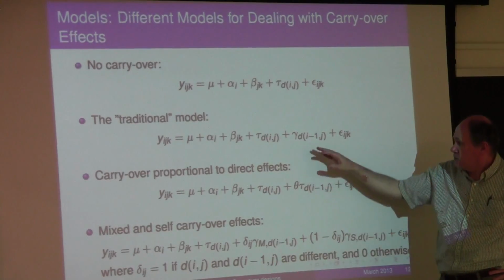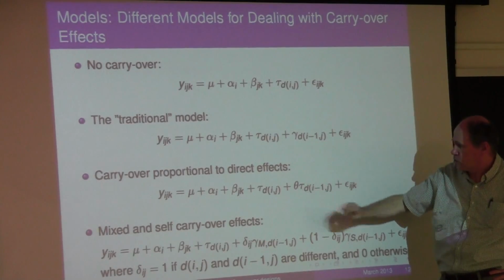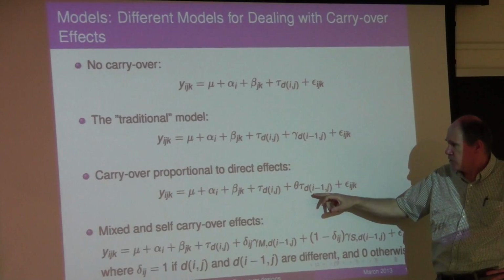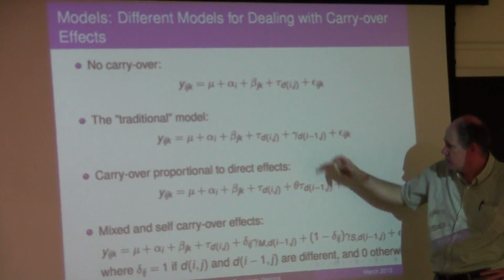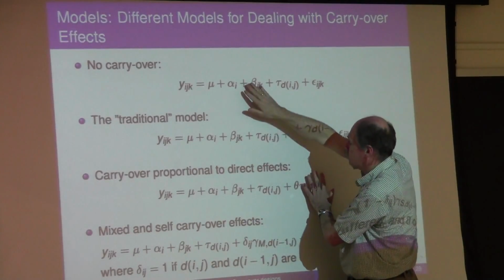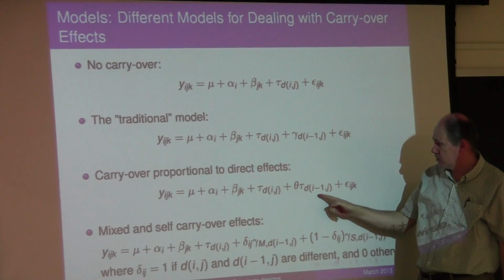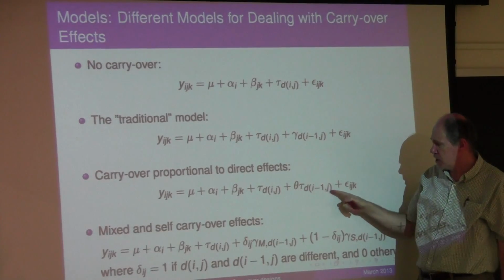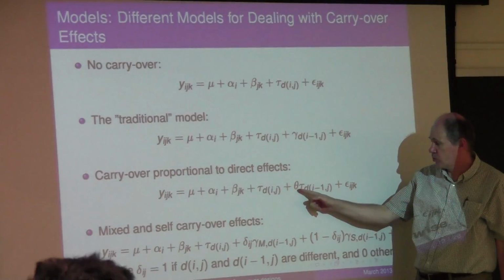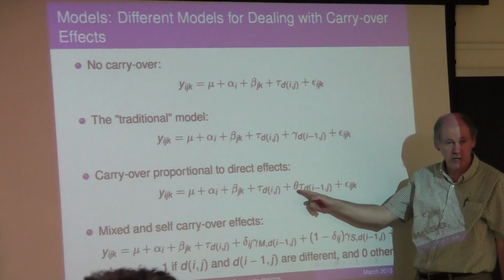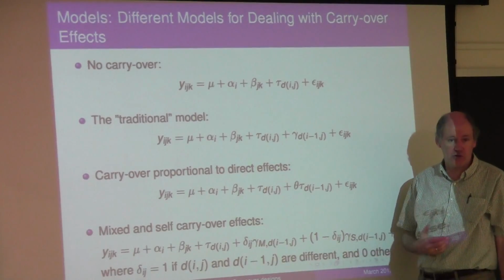So another way of modeling carryover effect that people have proposed is through this model, where carryover effects are proportional to the direct effects. So the first terms are again the same as this initial model, but this additional term here is different. And the assumption here is that the carryover effect, the effect from the treatment in the previous period, is proportional, with a constant proportionality theta, to the direct treatment effect, to the taus.